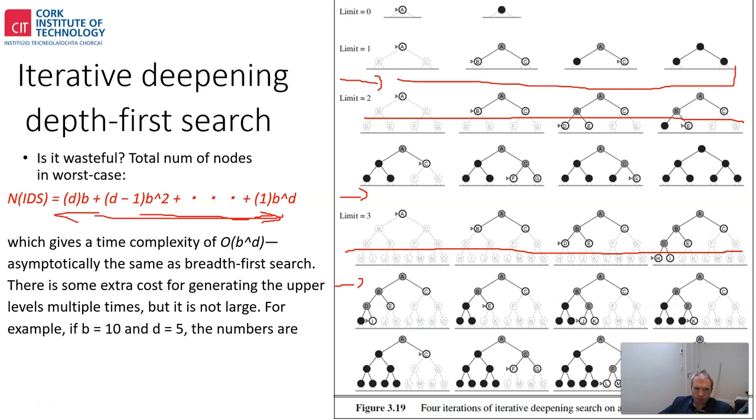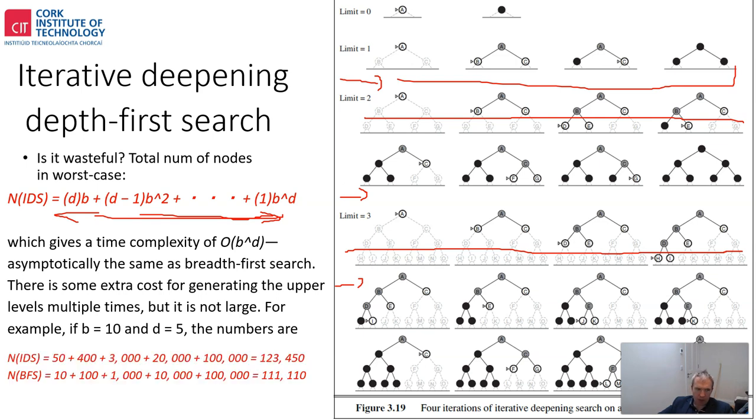It's just basically saying that the initial layers are not as big a concern. And this gives us an overall time complexity of big O of b to the d, which is kind of the same as breadth first search. There's more cost for generating the upper levels multiple times, but it's not massive.